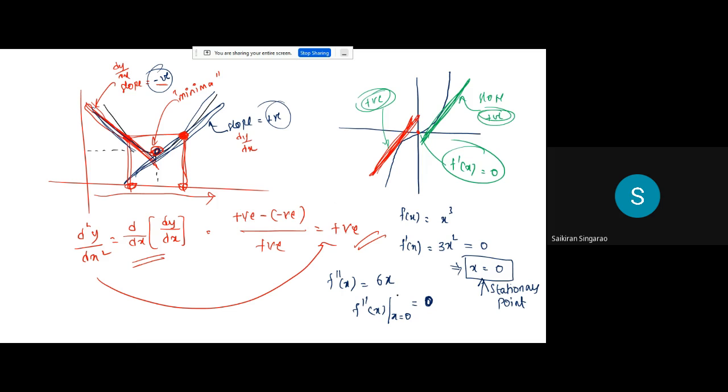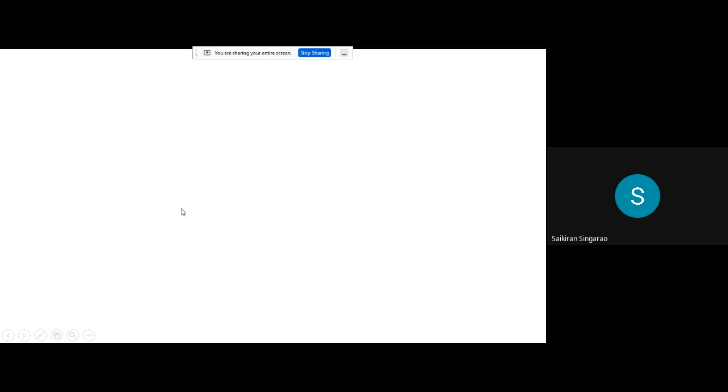If double derivative becomes 0, then I have to check triple derivative, right? Let me write it in statement form nicely like this. This is there in textbook and all, but it will be nice for you to understand here.